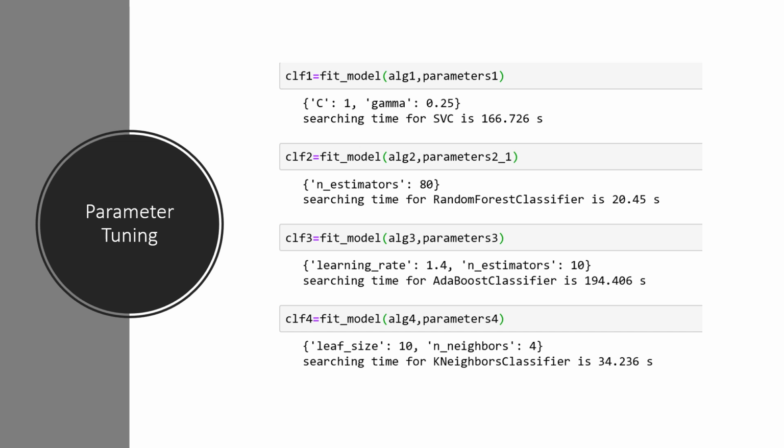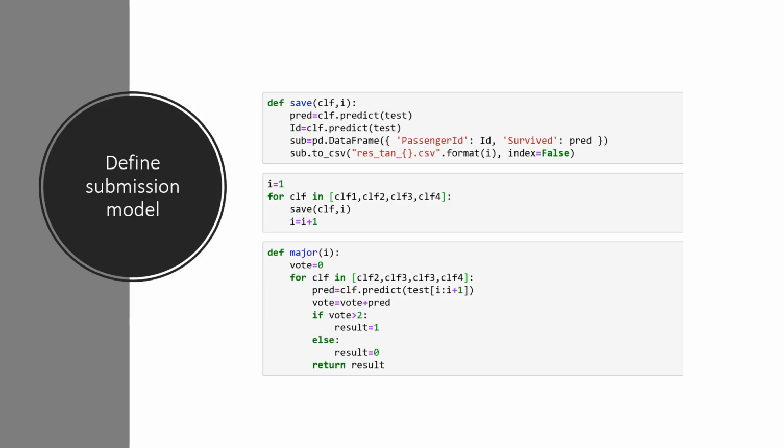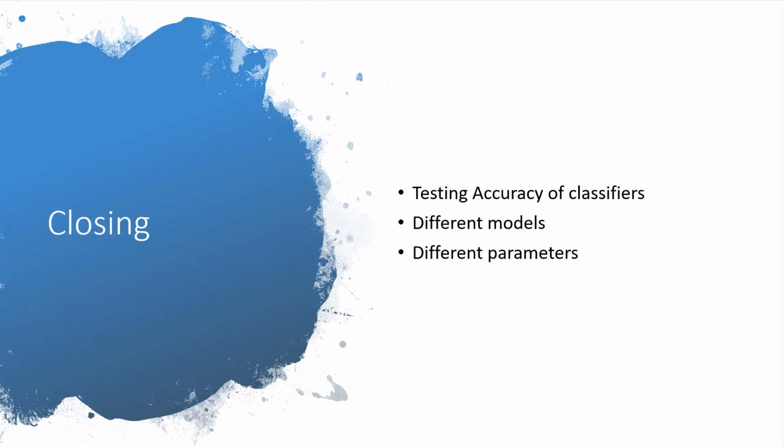For the parameter tuning, we can see the searching time for AdaBoost is pretty high, at 194. Then we define the submission model, define how the file should look, and also the coding model. And then I submit.